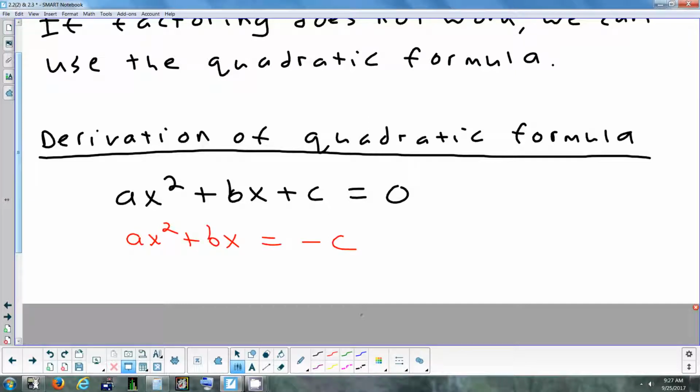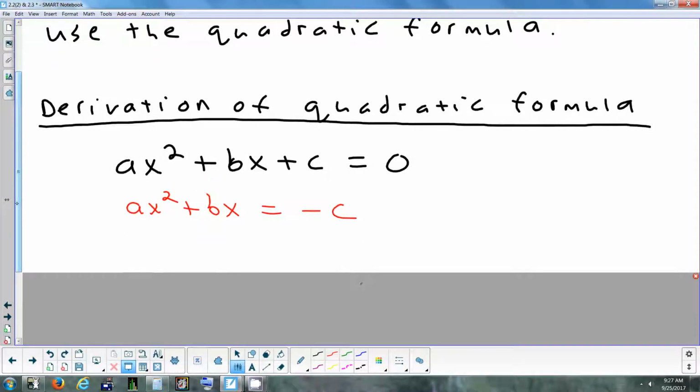Okay? And now there's something about x squared. Does anyone remember what you have to make sure of with x squared when you're completing the square? Dylan, do you remember? It would have to be 1x squared, a equals 1. Yeah, it has to be of the form 1x squared.